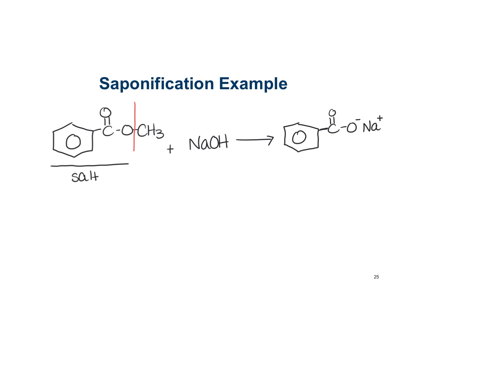Then I know that this and this are going to combine to make my alcohol. And so then I get methanol just right like that. So those are our two ester reactions that we're going to look at.